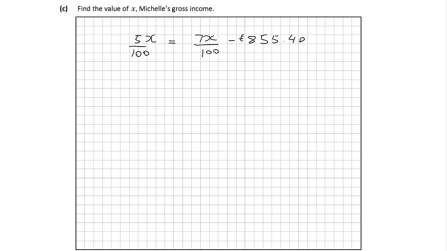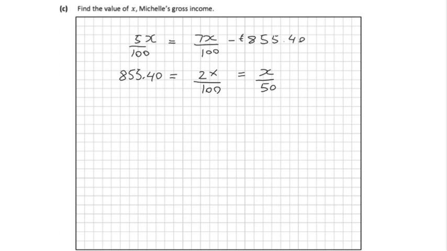Let's do a bit of work here. Let's bring the 855 over, swap it over, change the sign. Then we can bring the 5 across. So 7x minus 5x is 2x all over 100. Now we can simplify that even further. That's x over 50, divided above and below by 2.